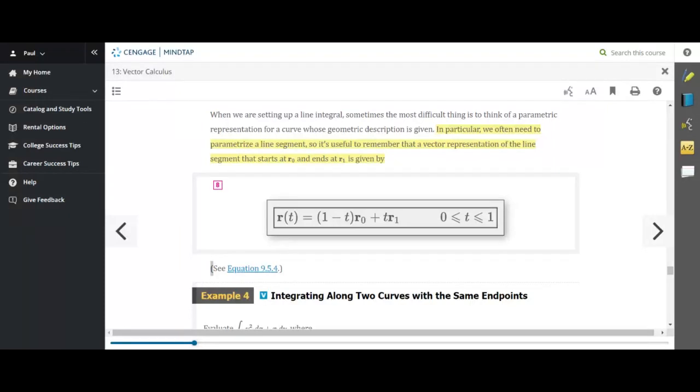If the line segment starts at the point r sub 0 and ends at the point r sub 1, those two vector points, you can parameterize that line segment with the vector function r of t equals 1 minus t times r0 plus t times r1, where t goes from 0 to 1. It works for any line segment with a starting point at r sub 0 and an ending point at r sub 1. Not hard to prove, but that's a formula you'll be wanting to use.